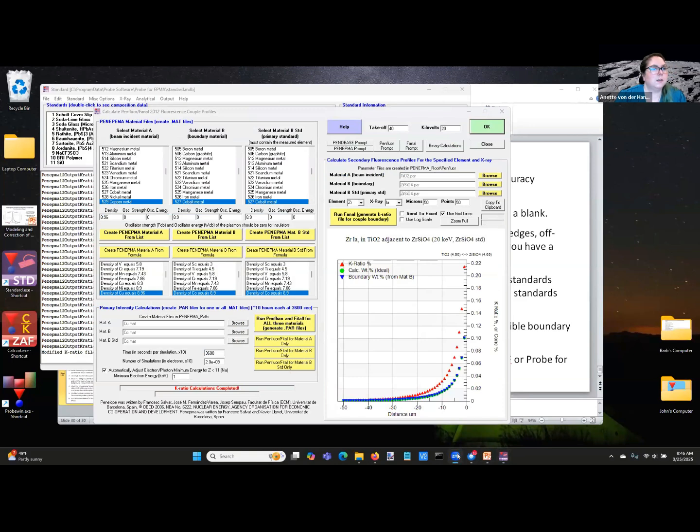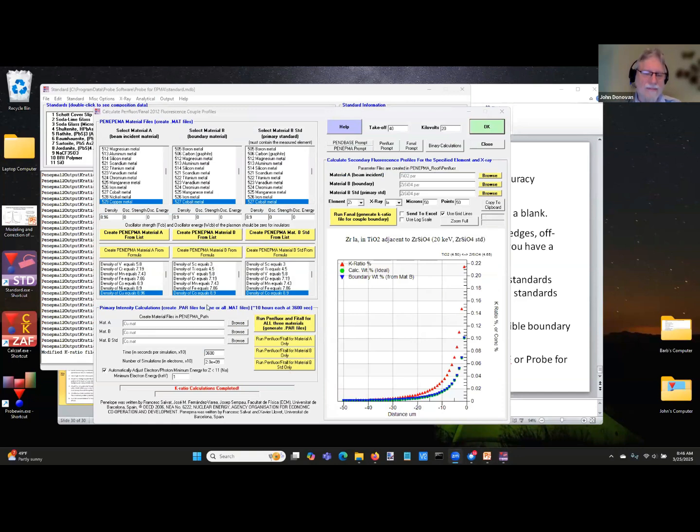And just also to say, calculating these PenEPMA material files takes a moment, but that is threaded, and so you can open multiple instances and run these over something. Yes, that's correct.